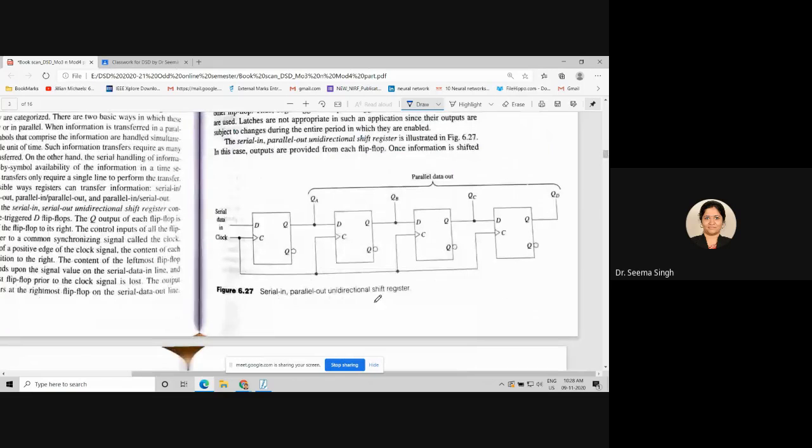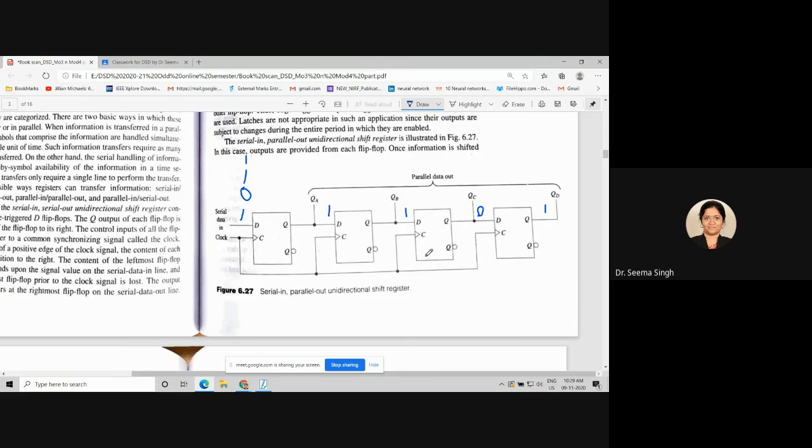Serial in, parallel out. The same 1011 data, if I try to push it in here, first 1 will go, then 0 will go, then again 1, then again 1. After the fourth clock cycle, the first one will be available here, at this portion 0 will be available, at this portion 1, and at this portion 1.